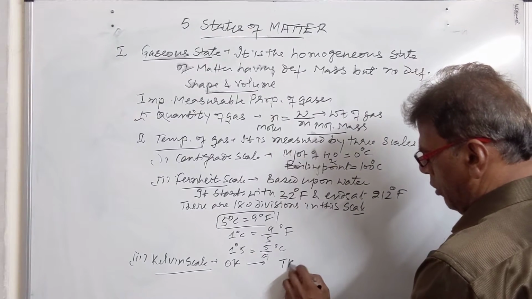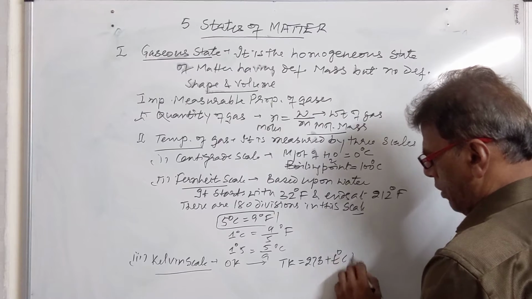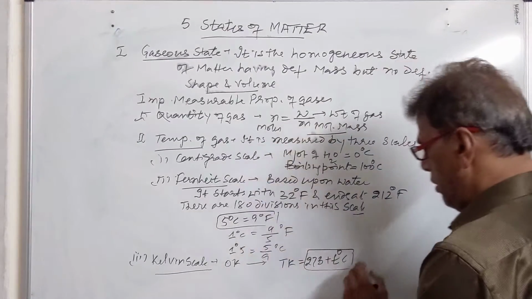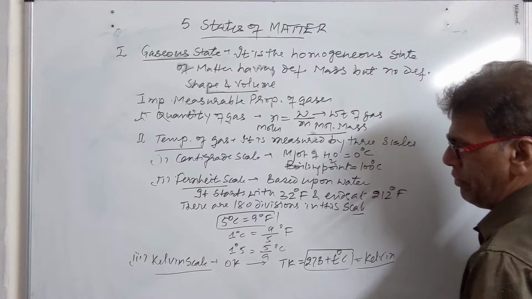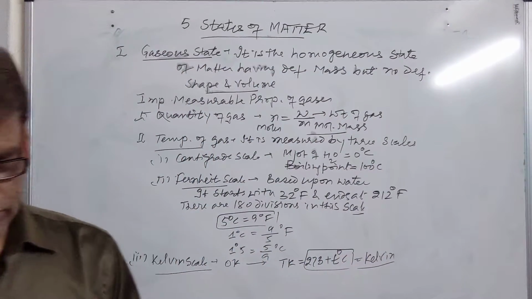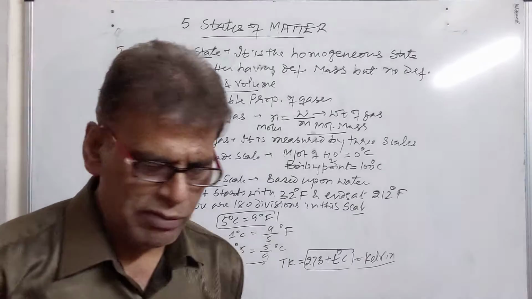Then T Kelvin is equal to 273 plus T degree centigrade. You have a centigrade temperature, you want to convert it into Kelvin, that can be changed by adding only 273 to it, and you get the Kelvin temperature. So these are the three scales which help us to record the temperature of the gas.